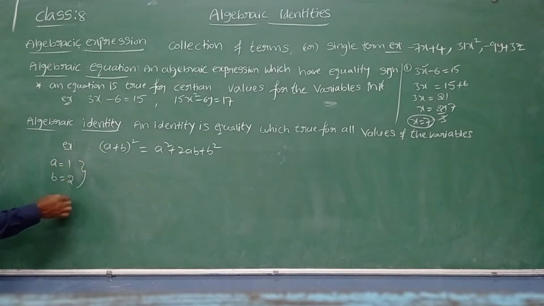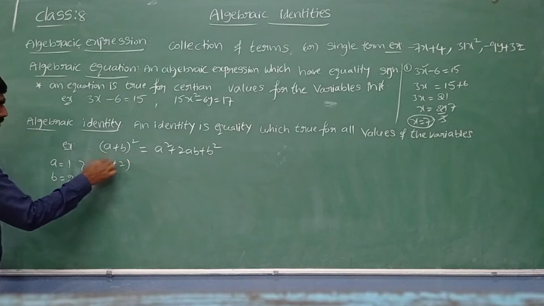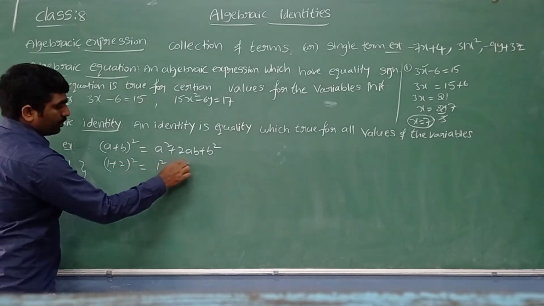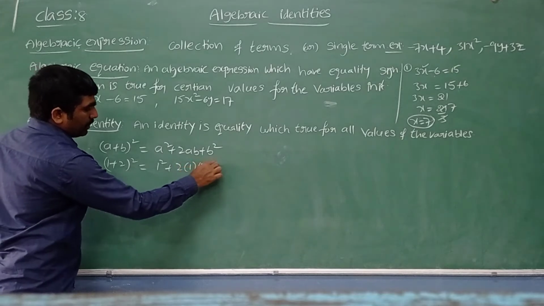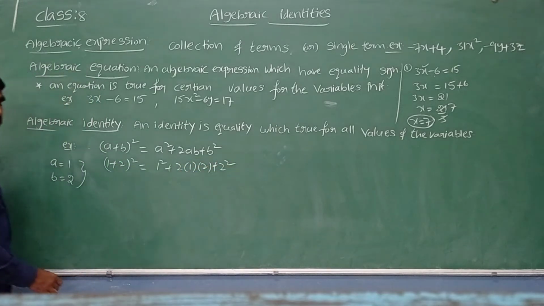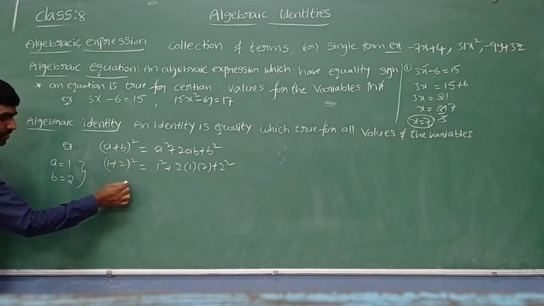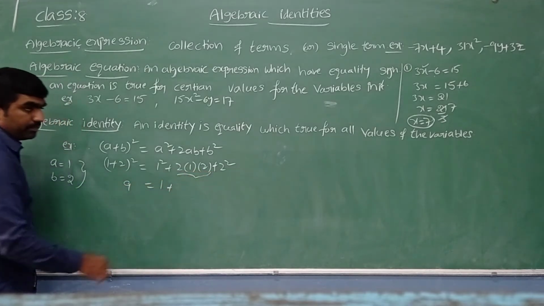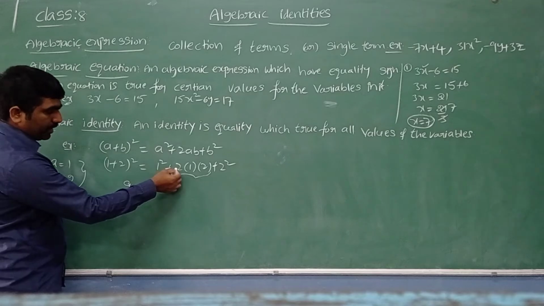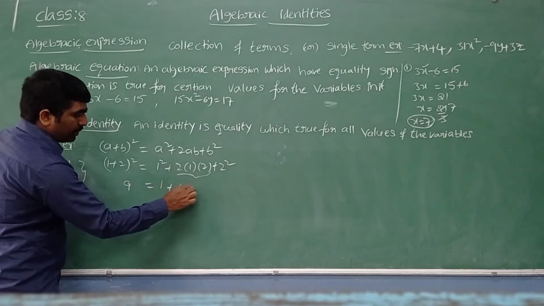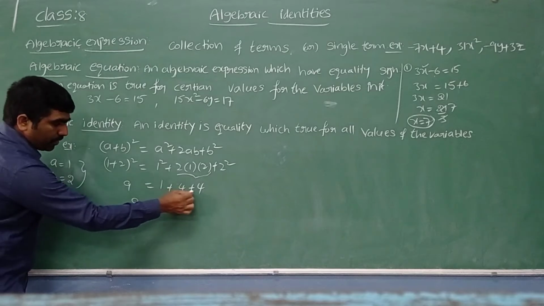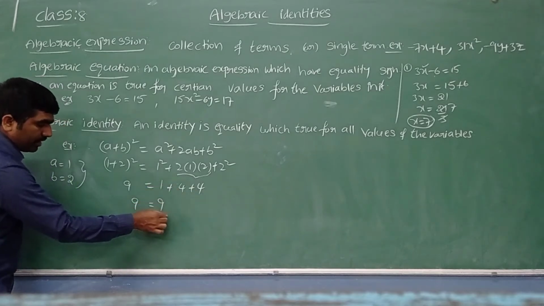Now substitute these two values here. (1 plus 2) whole square is equal to a square, 1 square, plus 2 into a value 1, b value 2, plus b square, 2 square. Simplify it: 1 plus 2 is 3, 3 square is 9. 1 square is 1, plus this completely one term: 2 times 1 is 2, 2 times 2 is 4, plus 2 square is 4. So 9 is equal to 1 plus 4 plus 4, 8 plus 1, 9. Yes.